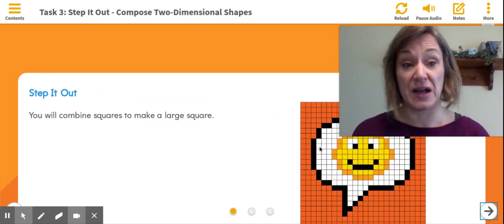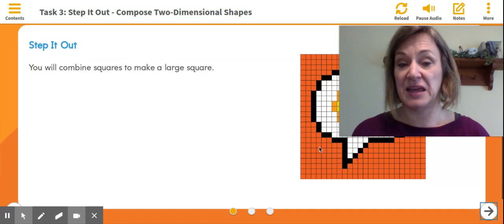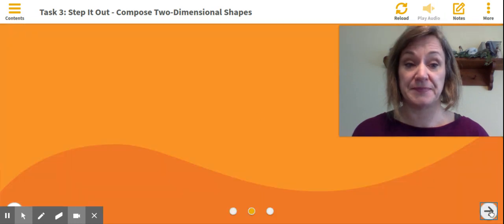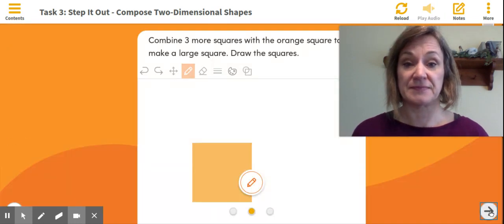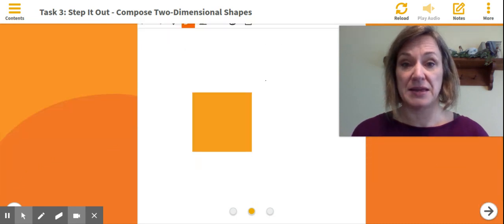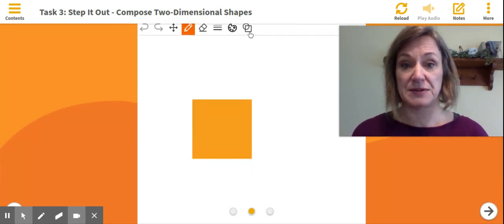Okay, now we're moving on to page 445. And we're using squares to combine to make a larger square. All right, so in my screen, I can use squares.